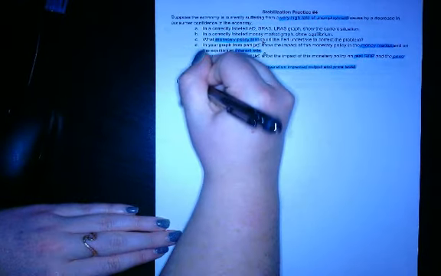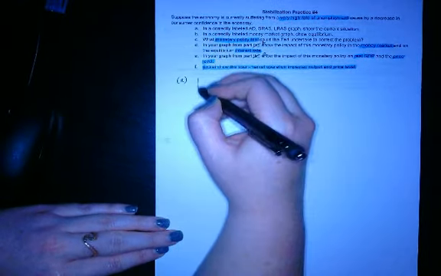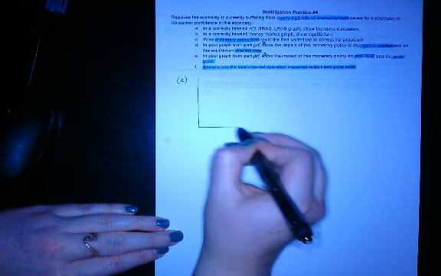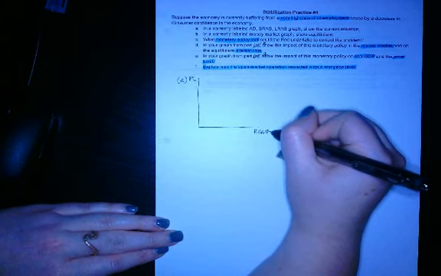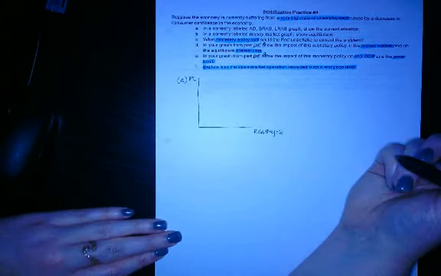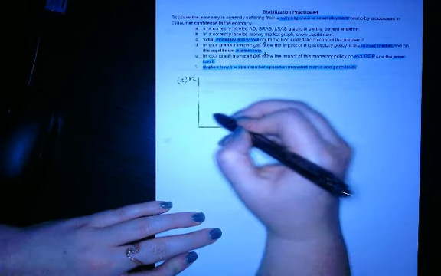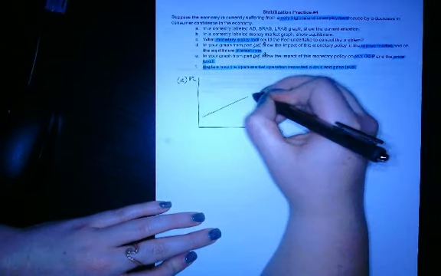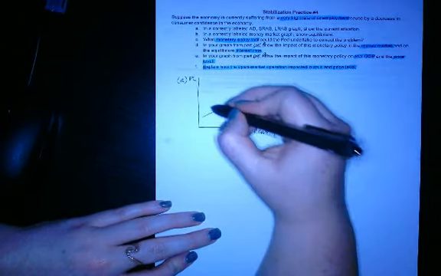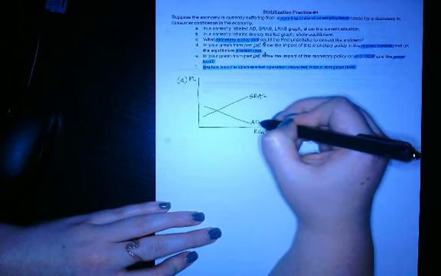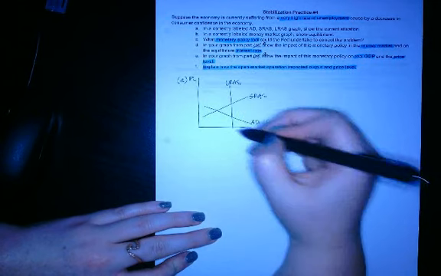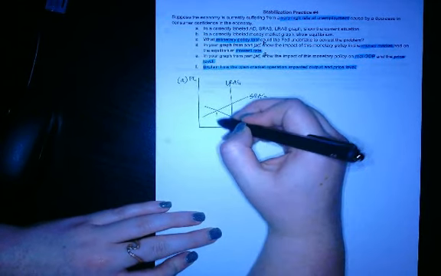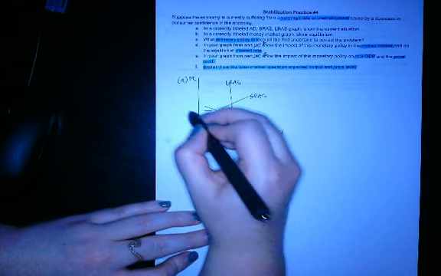So we start with A. We want to draw an AD-AS, LRAS graph that's showing the current situation. Our current situation here is a very high rate of unemployment, which means we have a recessionary gap. You want to make sure you get everything labeled, because labeling is its own point on the FRQs here.